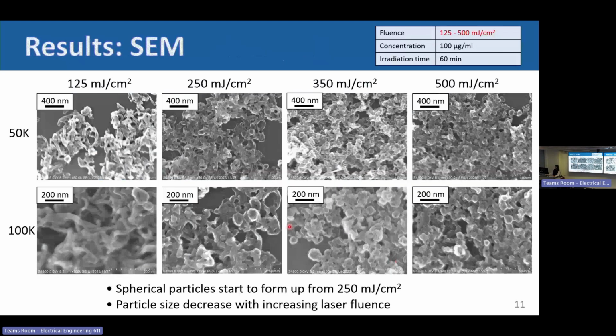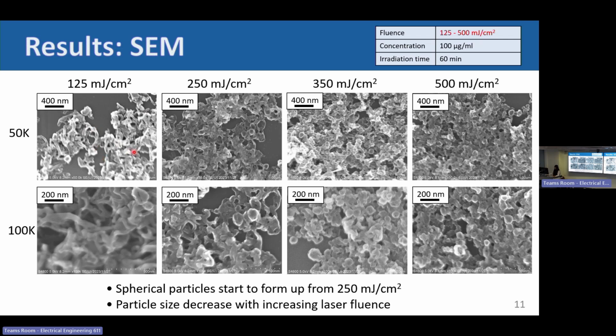And this is the result of morphology dependence on the laser fluence. We can see that the fluence is changing from 125 to 500 millijoule per square centimeter. And on the first picture, we can see that when the fluence is not high enough, there will be some string-shaped large particles.